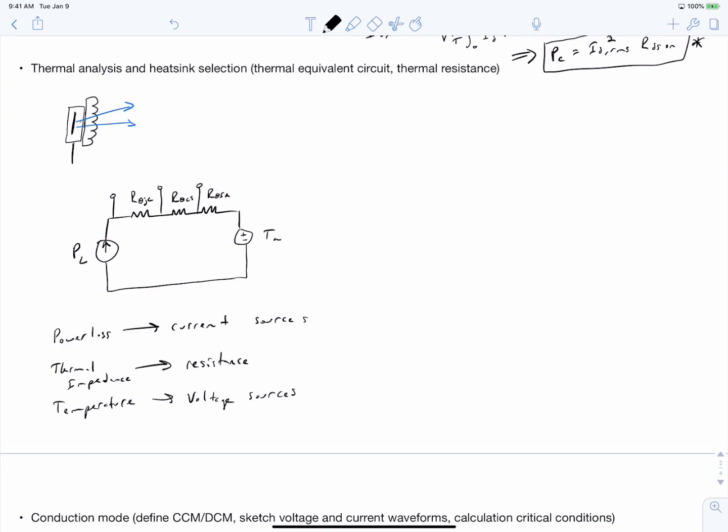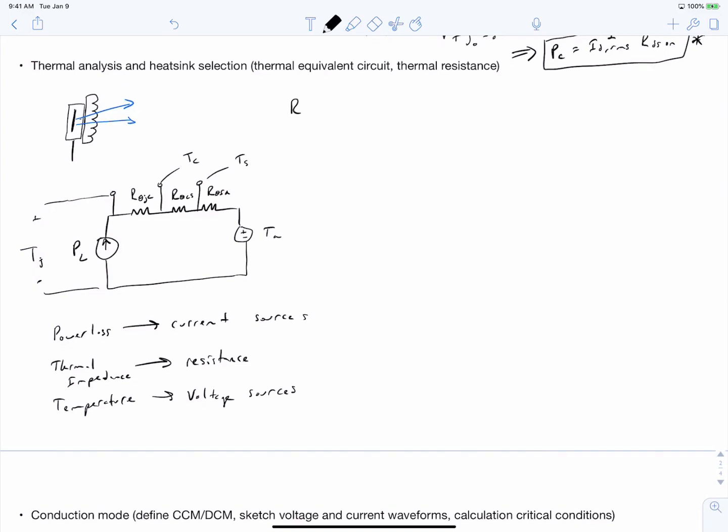So the voltage from this point right here, or relative to this, is going to be the temperature of our MOSFET junction. The voltage at this point right here is going to be the temperature of our case, and the voltage right here is going to be the temperature of our heat sink. So these resistance terms were given in units of degrees Celsius per watt of power that has to flow through the thermal impedance.